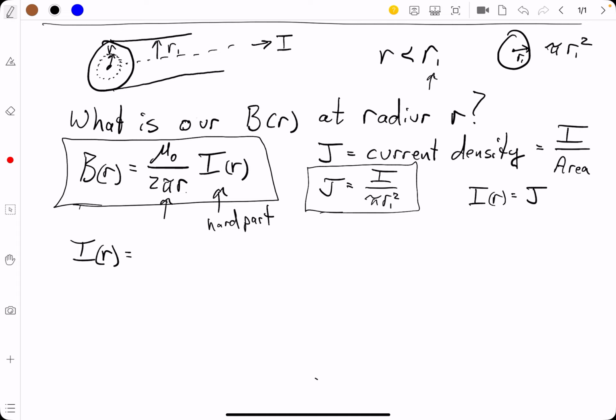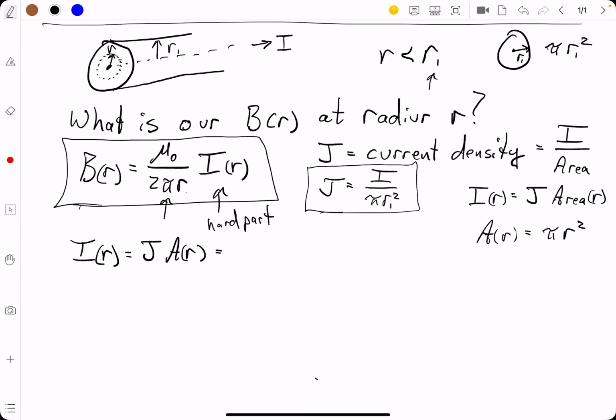But we've got J times whatever the area is as a function of r. Okay, well, that area is a function of r, A of r. That is, let's do this right. A of r is equal to pi r squared. So, good for us. We'll say that this is equal to A of r.